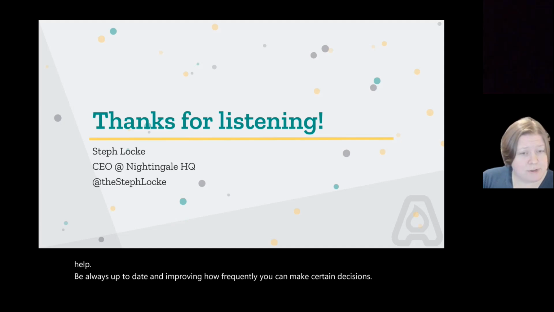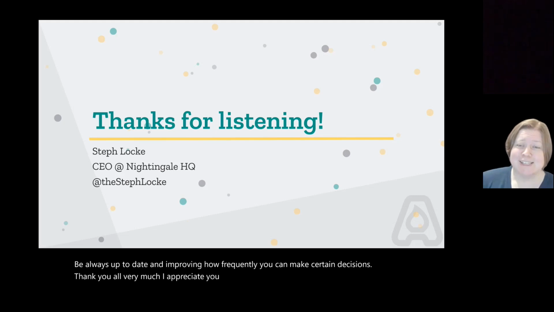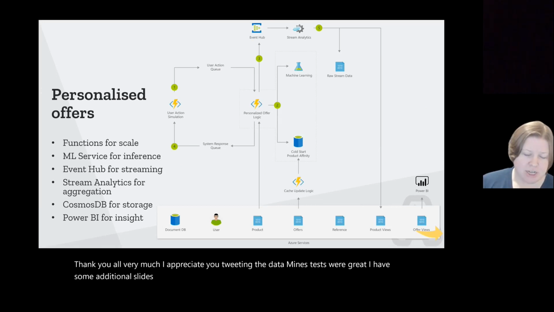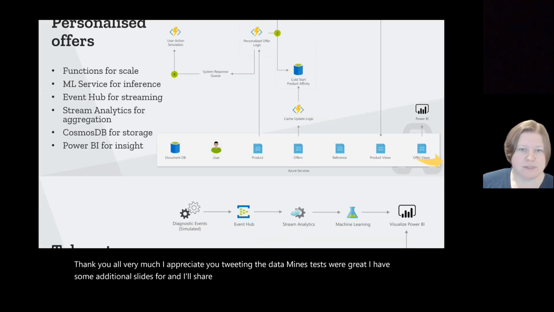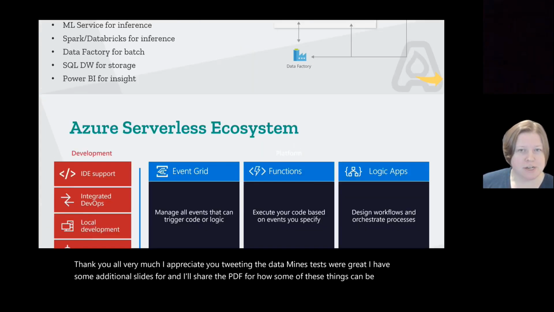So thank you all very much. I appreciate you tweeting. The Datamines tests were great. I have some additional slides and I'll share the PDF for how some of these things can be implemented for different situations.